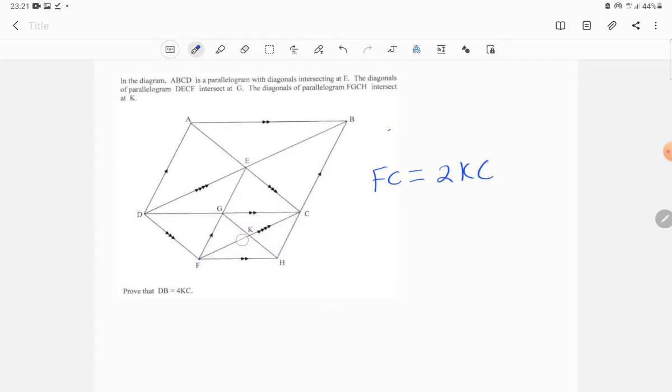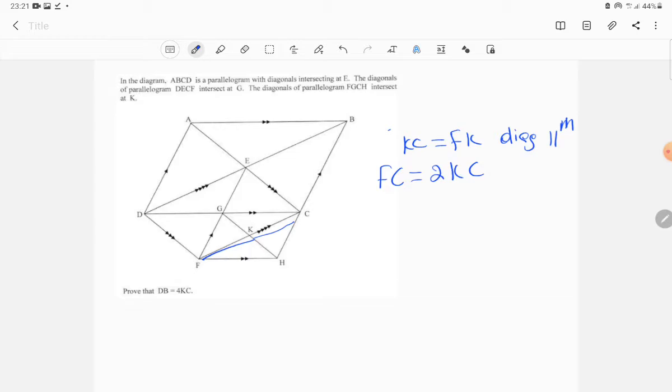You have this KC on its own, but when you add another KC, because KC is equal to FK, because the diagonals of a parallelogram bisect each other, you have FC being equal to 2KC.